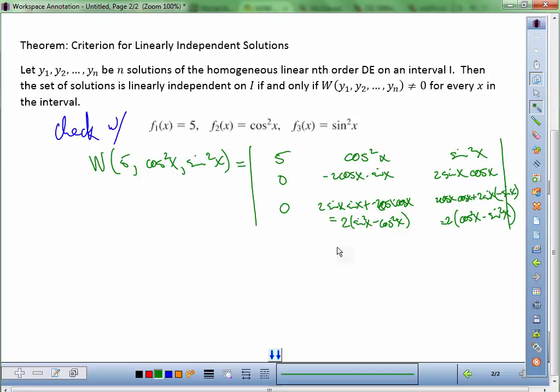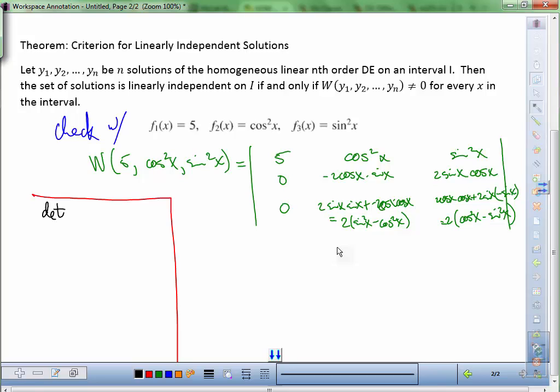To find the determinant of a matrix, you guys know how to find the determinant of a matrix? Go off on a little side note here. The objective was to get the determinant of this. If it's exactly 0, then it is dependent. If it's not 0, then it's independent.